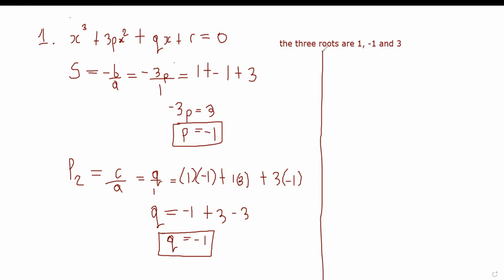Finally, we're going to work out the value of r. Remember that the product of the three roots is given by minus d over a, and in this case minus d over a is equal to minus r over 1. Minus r over 1 is equal to the product of these three roots, which is 1 times -1 times 3.